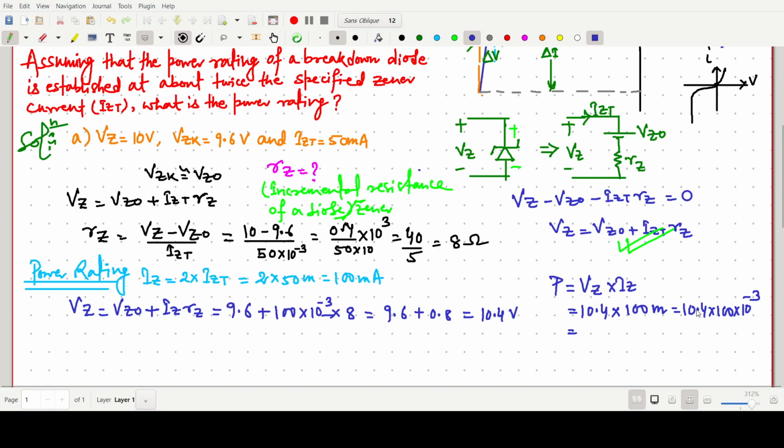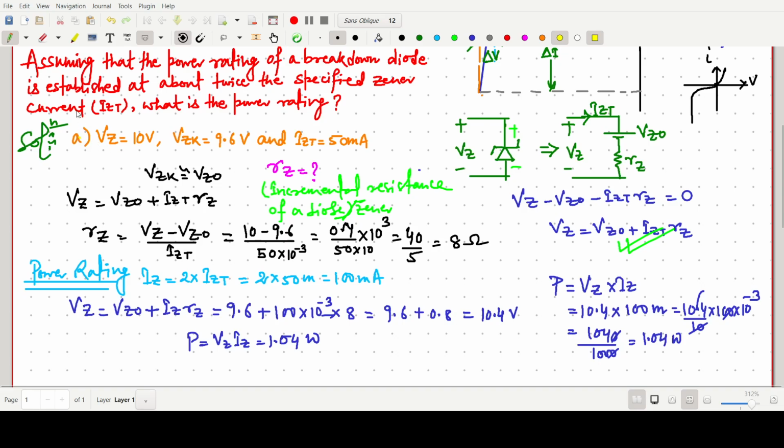If we remove the decimal, 1040 by 1000, which means 1.04 watt. So the power rating, the VZ IZ value, will be 1.04 watt.